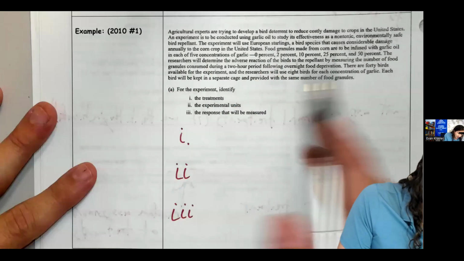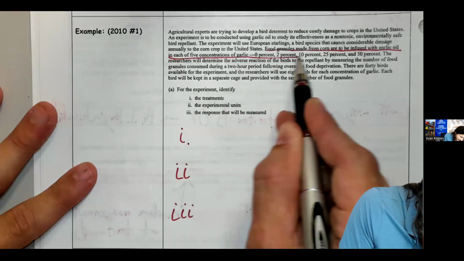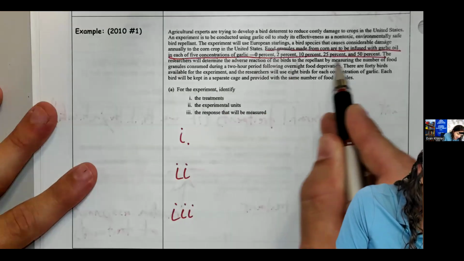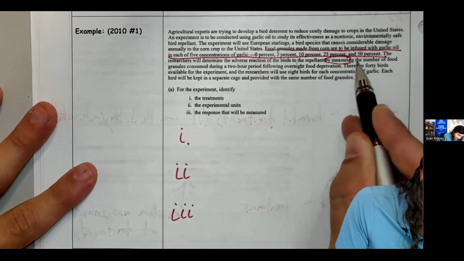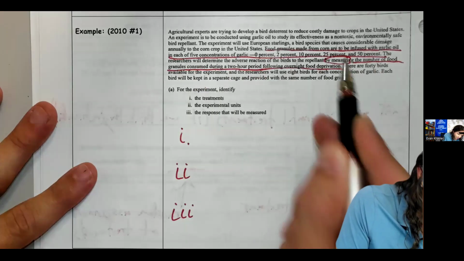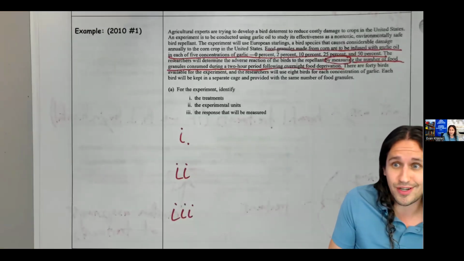So food granules, that seems important. The research will determine the adverse reaction of the birds to the repellent by measuring the number of food granules consumed during a 2-hour period following overnight food deprivation. That seems like the response variable. We're just going to copy that.